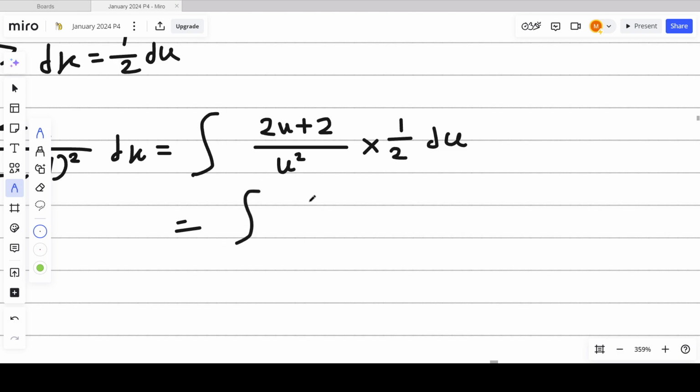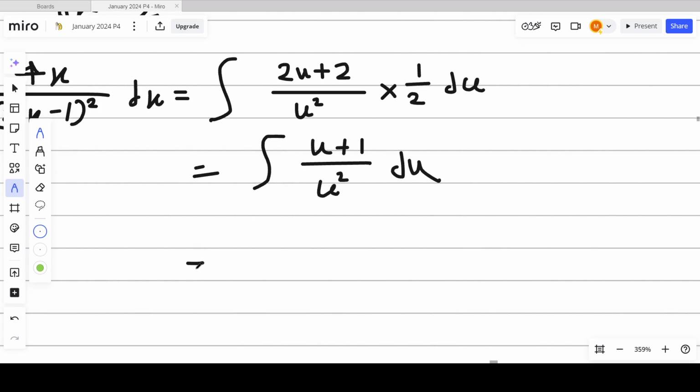So we'll get integration u plus 1 over u squared du. Fine. Now we can simplify it more. How can we simplify it more? You can write u over u squared, that is 1 over u, plus u inverse 2. That's it. We have simplified using substitution.